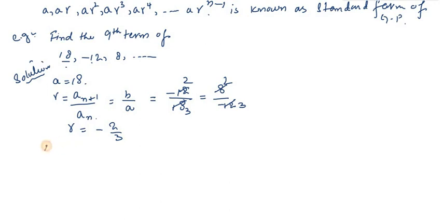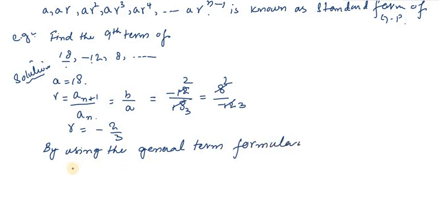By using the general term formula, the general term formula is given as Tn is equal to a r to the power n minus 1. We put the given data in the question in this formula.